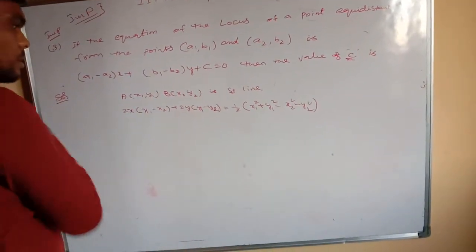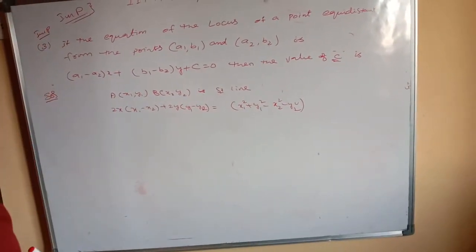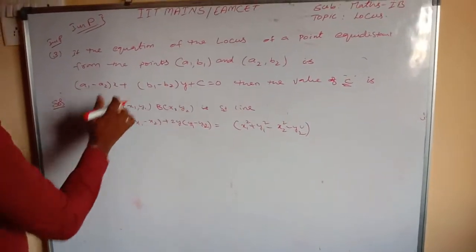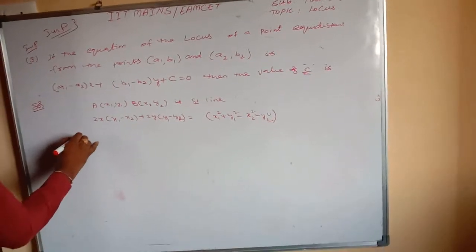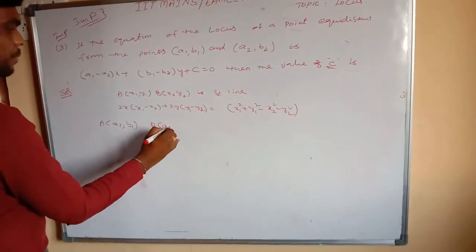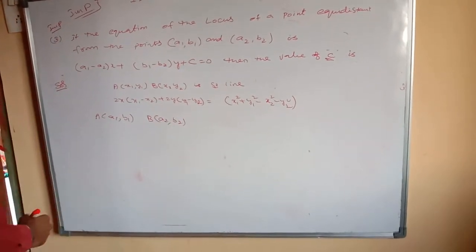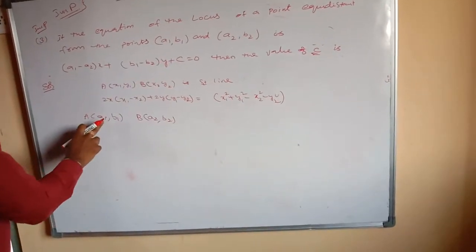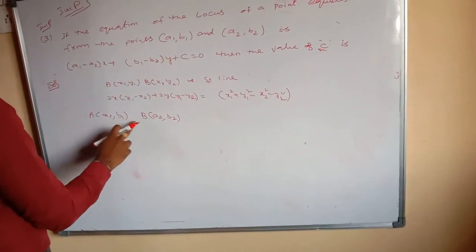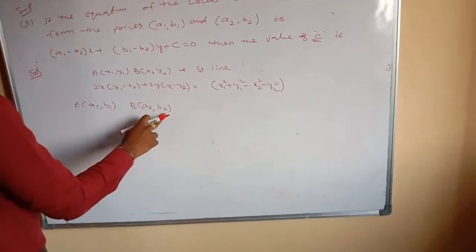Okay, here in the problem, A is (a1, b1) and B is (a2, b2). So x1 is a1, y1 is b1, x2 is a2 and y2 is b2.